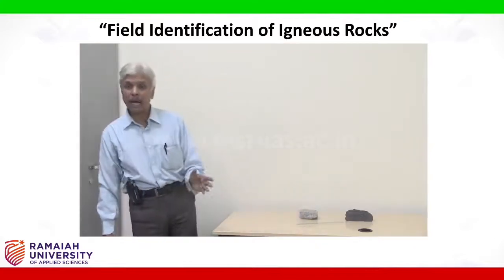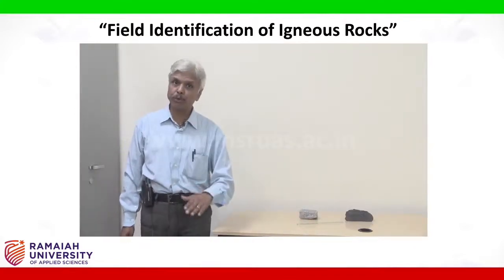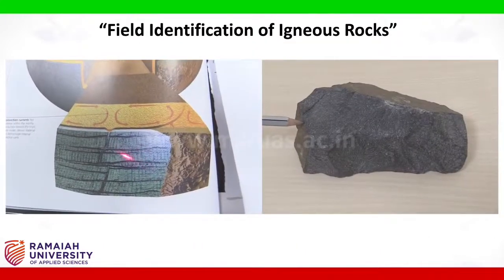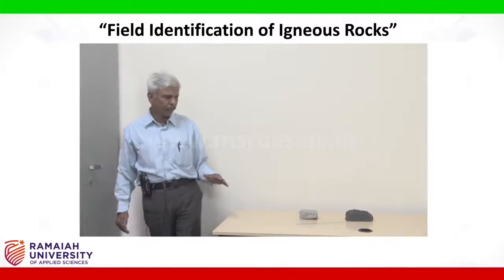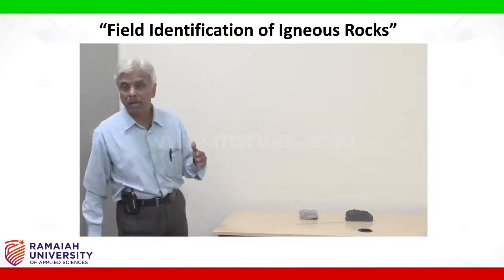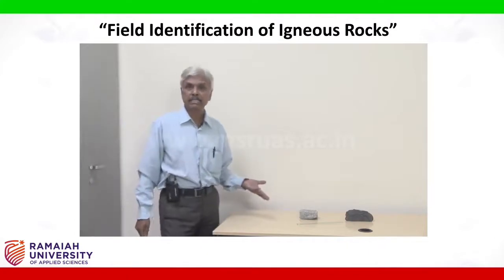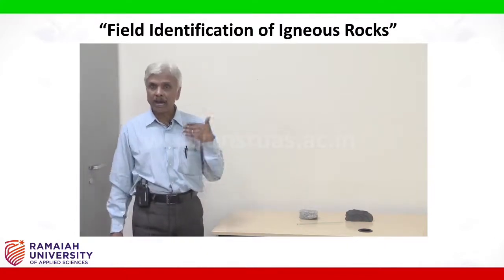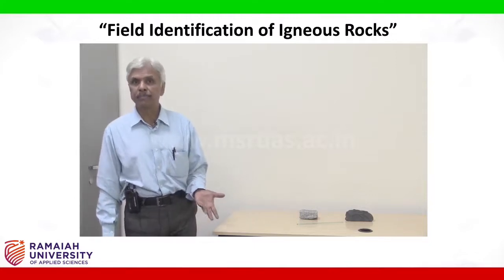And another one, beneath the oceans, we have the rocks of the basaltic composition. However, there are wide varieties of rocks within the continents, over hundreds of varieties that are present in the earth crust. So we will talk about the identification of the rocks in the field.